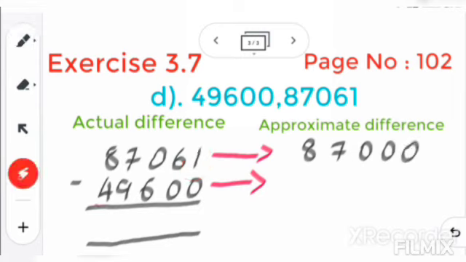Now next number we have 49,600. So here you have to be careful. Okay, so listen carefully. Here also we have to round off to the nearest 1000. So we will observe the number in thousands place. We have here 9, and just look at the number in the next right side place. Right side place we have 6 here. 6 is more than 5. So if it is more than 5, then I told you to add 1 in thousands place.